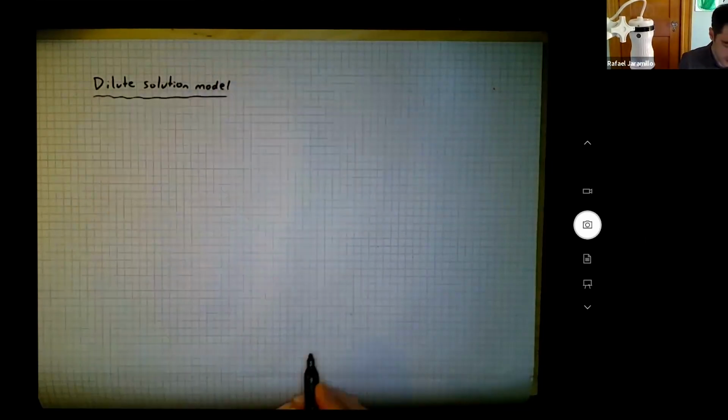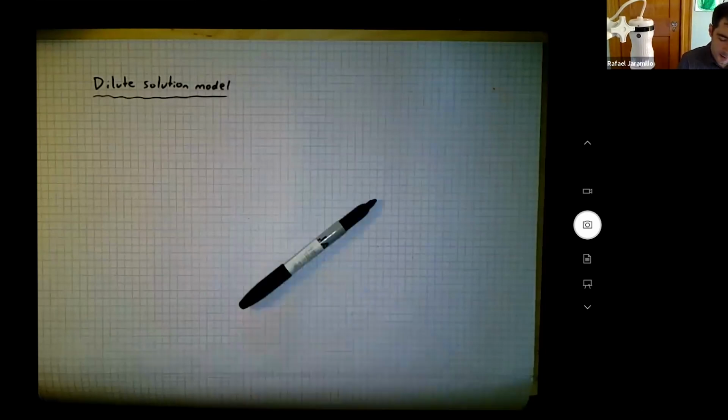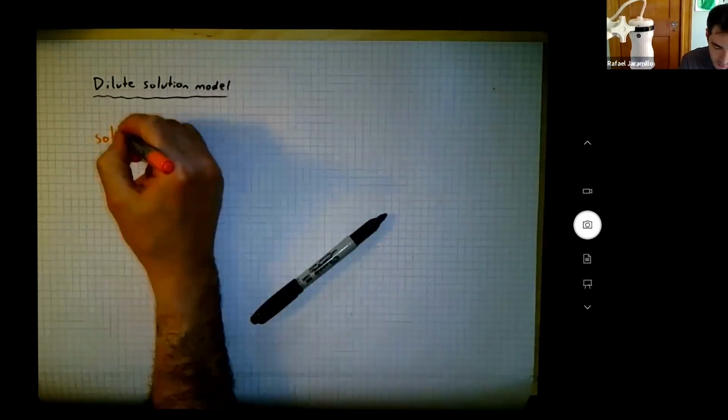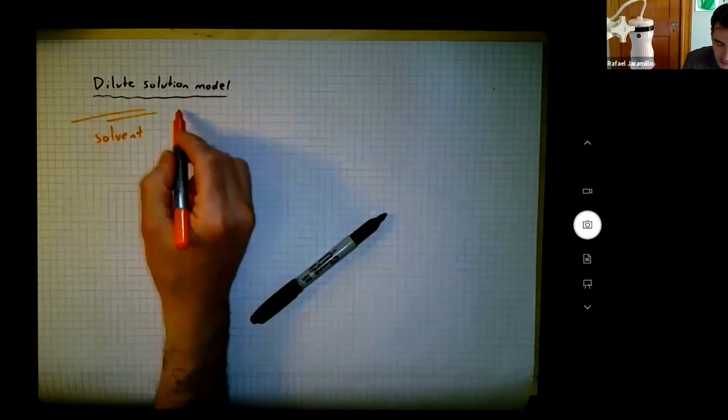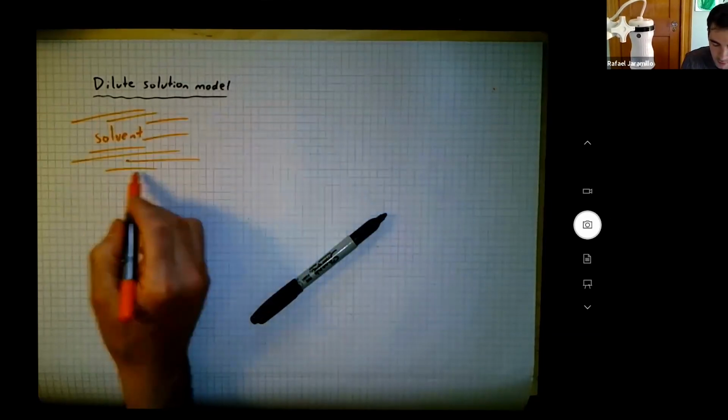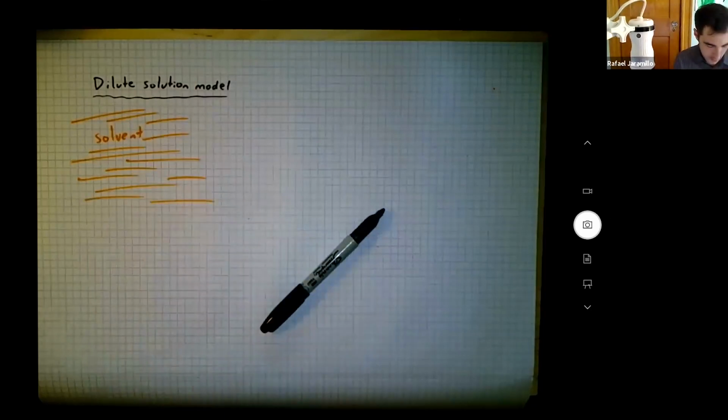Okay, so this is the dilute model. It's based on some physical reasoning, which is always a relief after all this math. So we have solvent and solute.